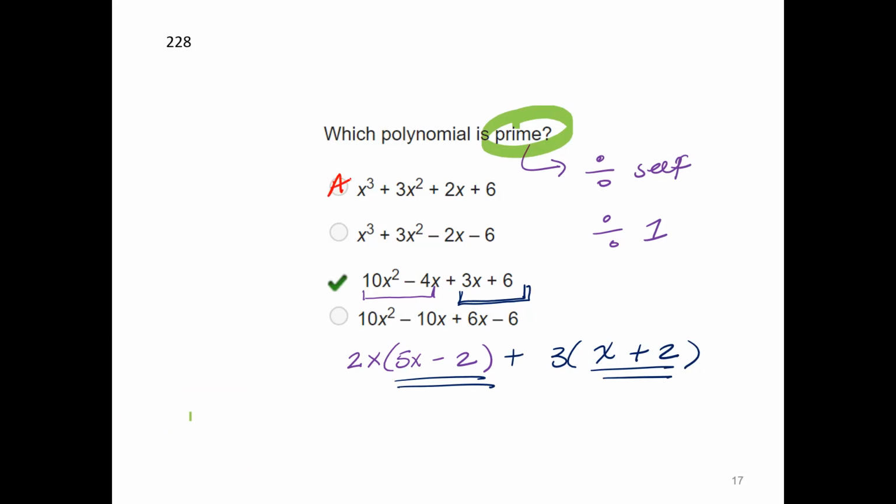Like if I try out A, for example, this was not prime. Let me show you why. If I go ahead and group that right there, what can I take out? I could take out an x squared, and I'll have an x plus 3.